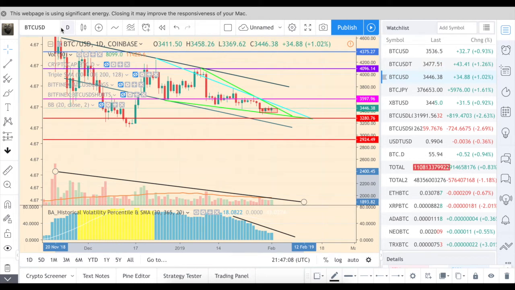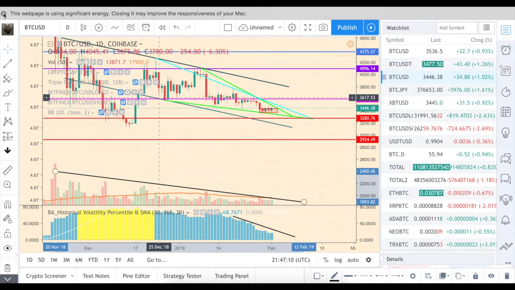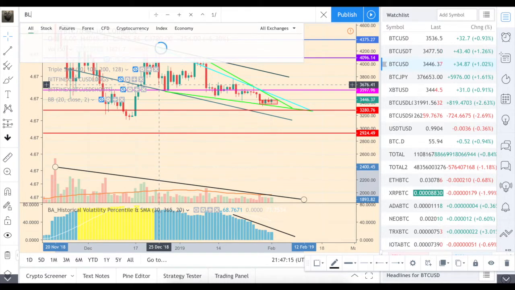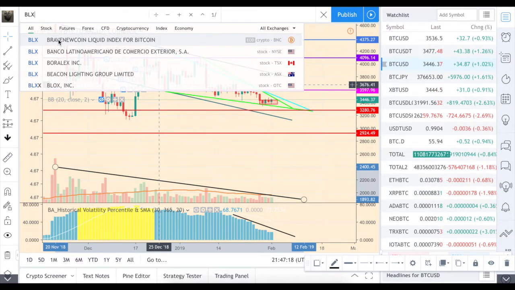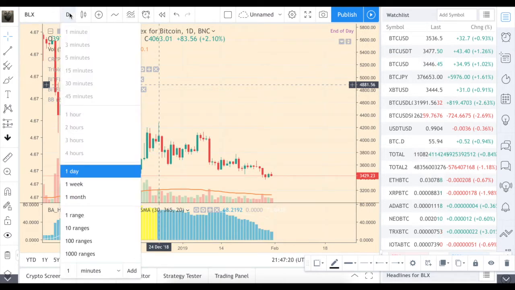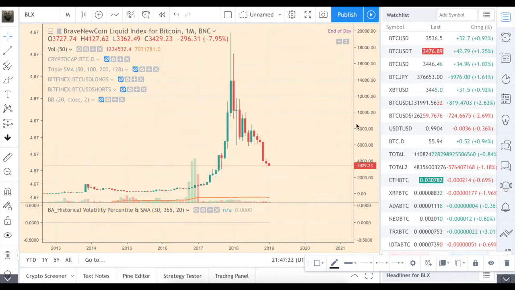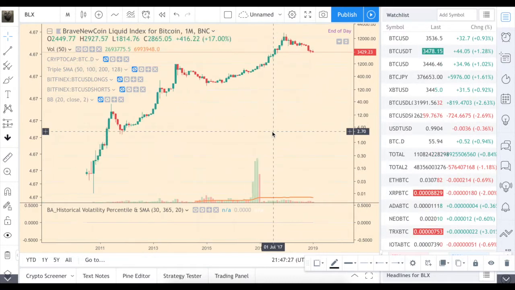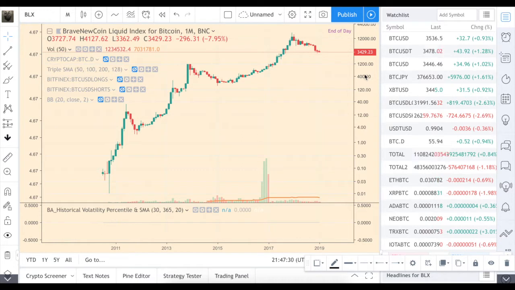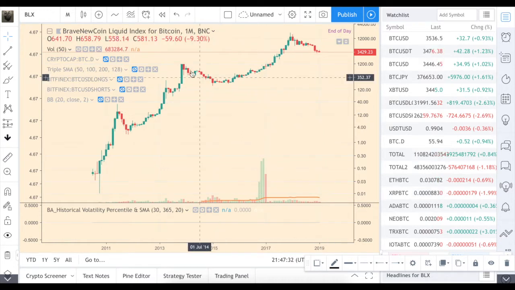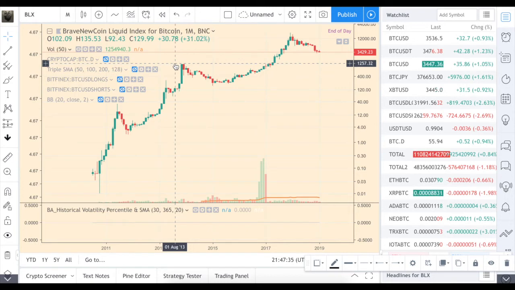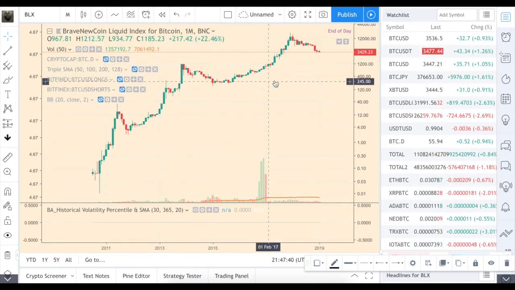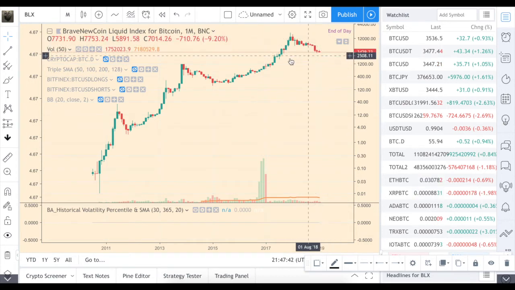Moreover, another thing which needs to be considered, and I think we need to switch to Brave New Coin in order to see this better, especially on the monthly time frame, and you'd probably better switch to a logarithmic chart. So if we look at the historical data, you would see that after the major highs, we had this continuation of the bear market at least twice, if you exclude the current one.